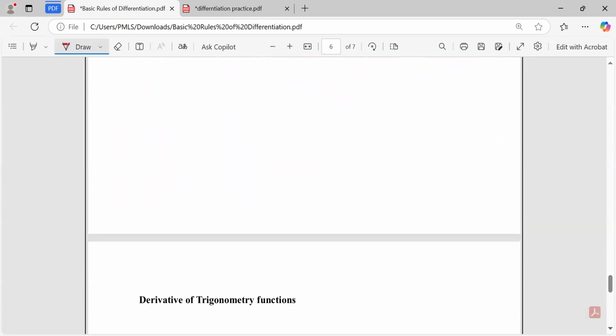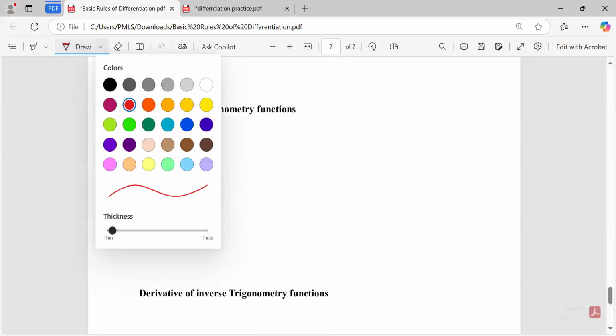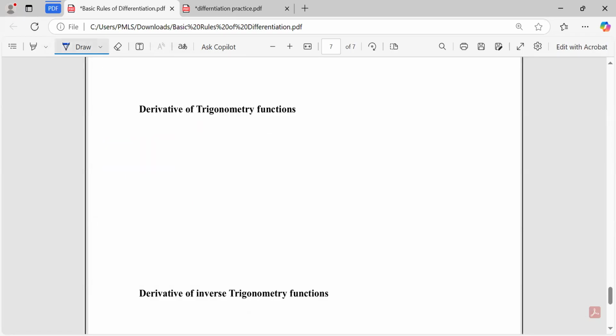After that, we need to find the derivative of trigonometric functions. We know that we have 6 trigonometric functions, denoted by sine x, cos x, or tan x, which are the ratios of right triangles, right?